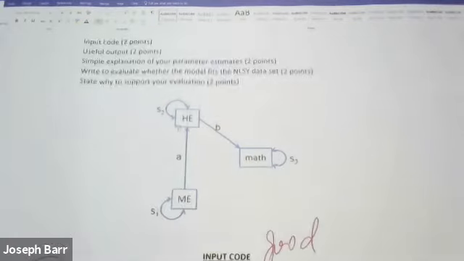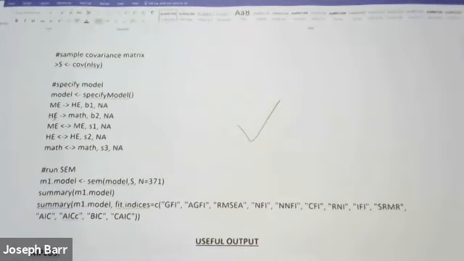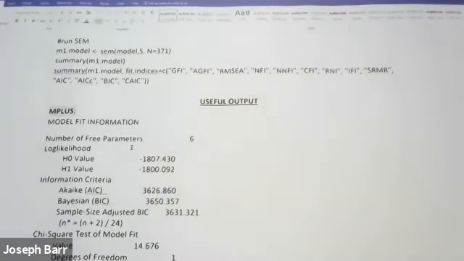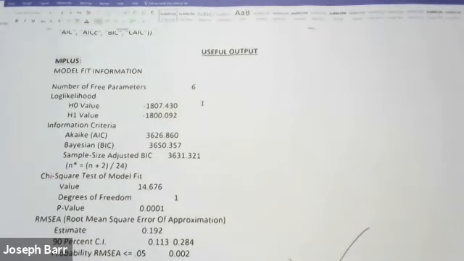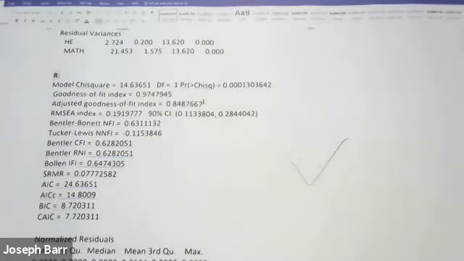Of course, she didn't use A and B, but that's okay. She used B1 and B2. And from HE, home environment, to math is B2. And we have some variance parts and the variance of the residual part. And by using the SEM function inside the SEM package, we have the M1 model and the summary, and look at the indexes. So that is output here. The output from M+. This is output from R.